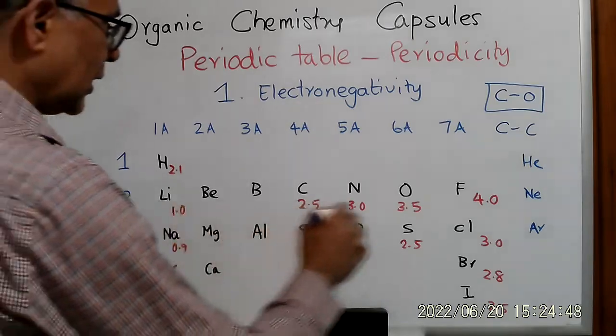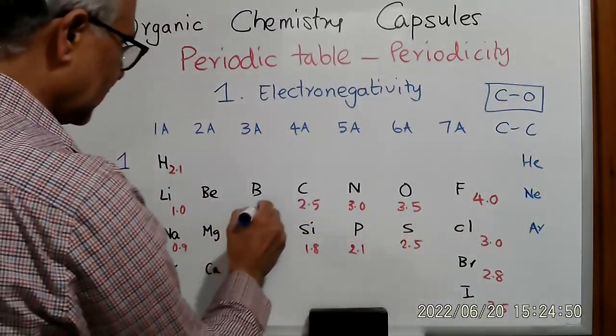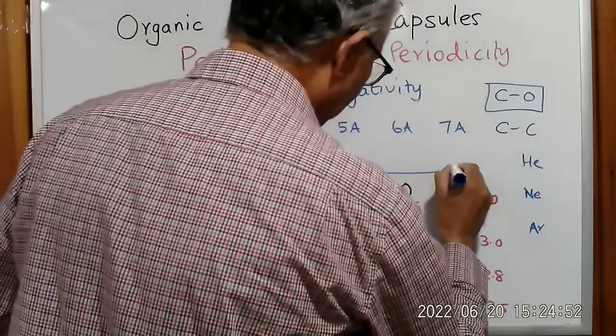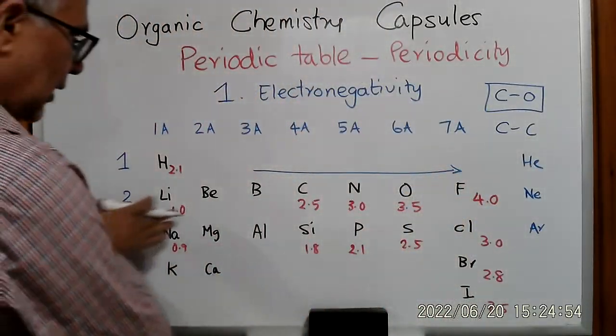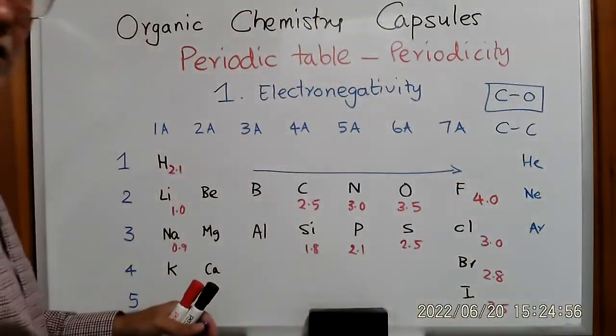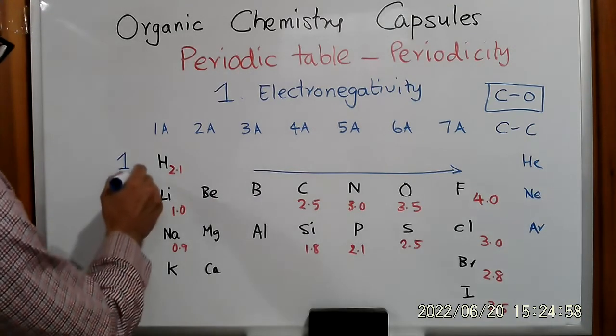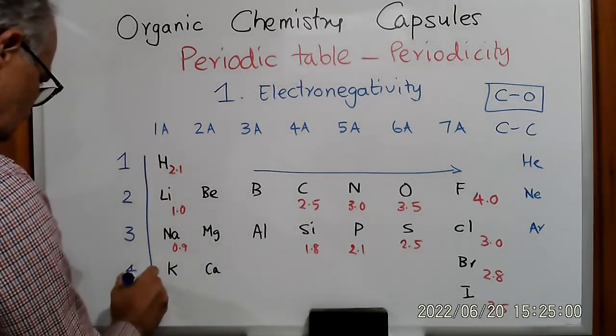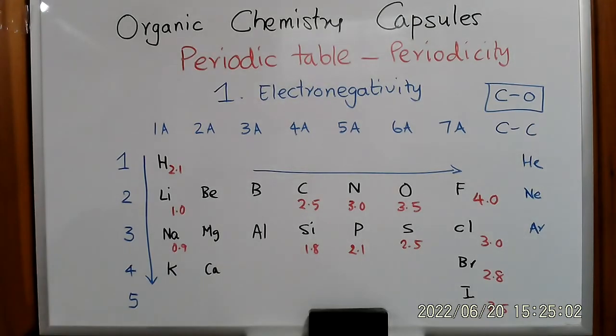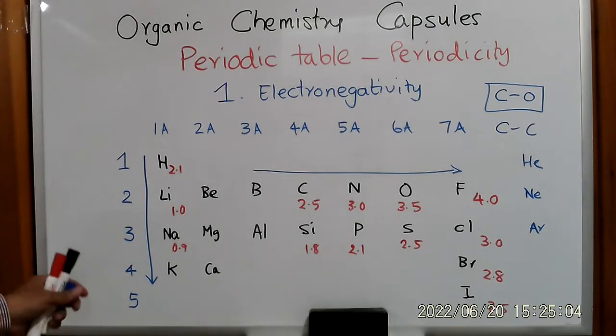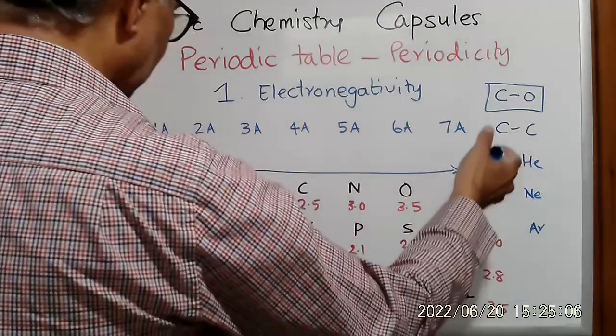Electronegativity increases as you move from left to right, and electronegativity decreases as you go from top to bottom. Okay? So keep this in mind.